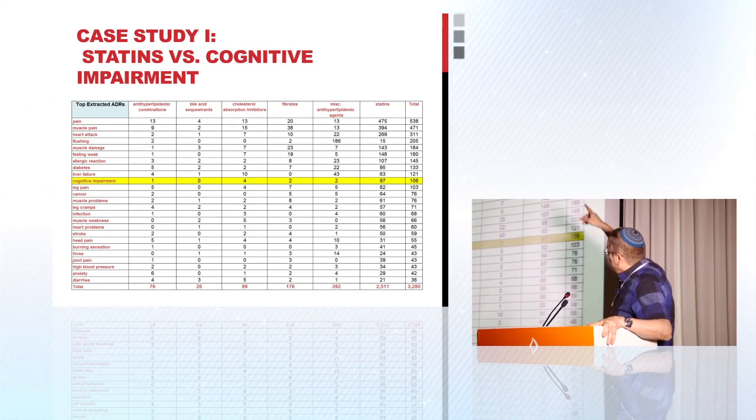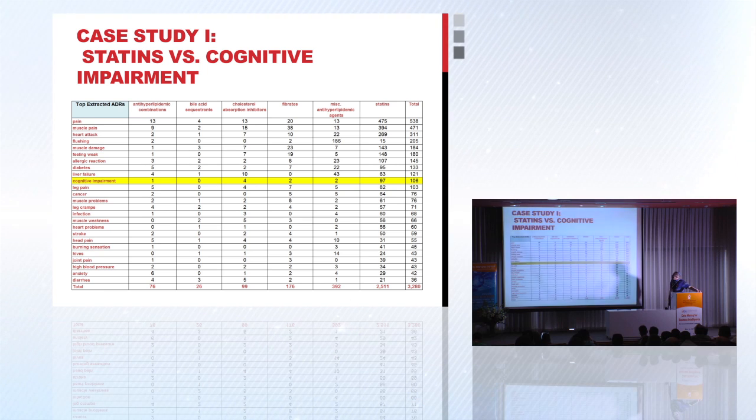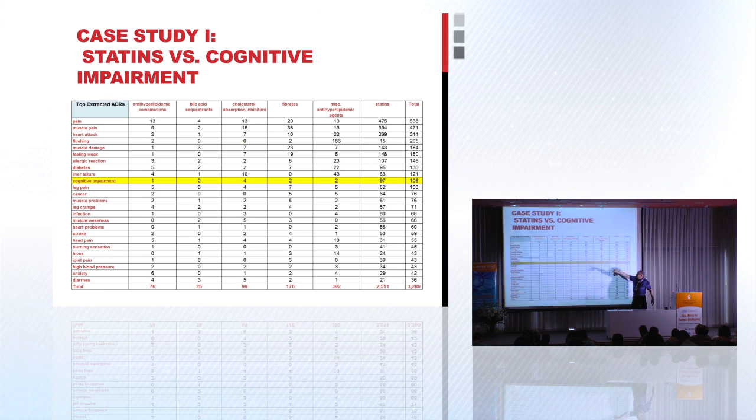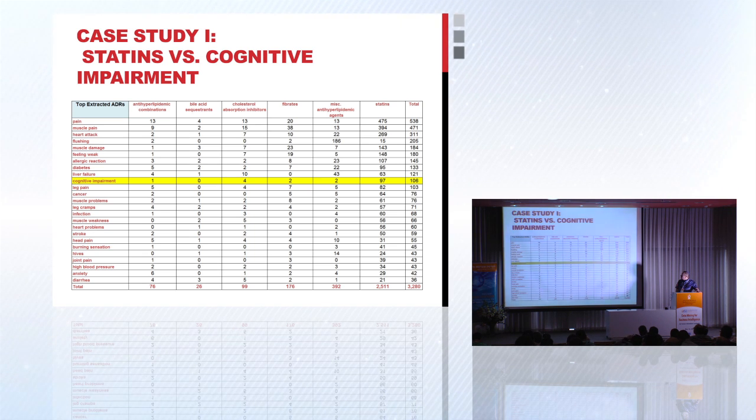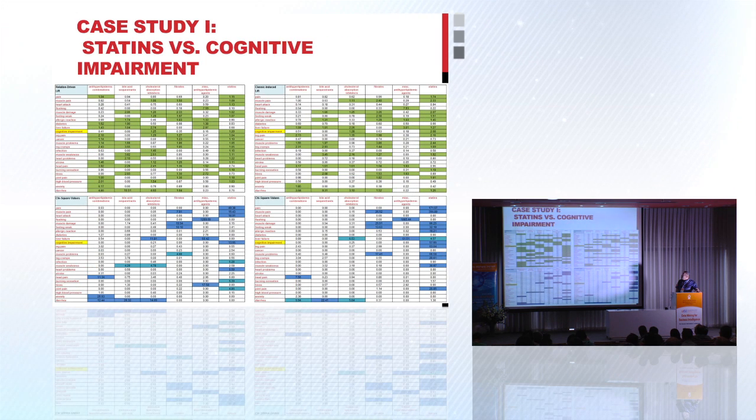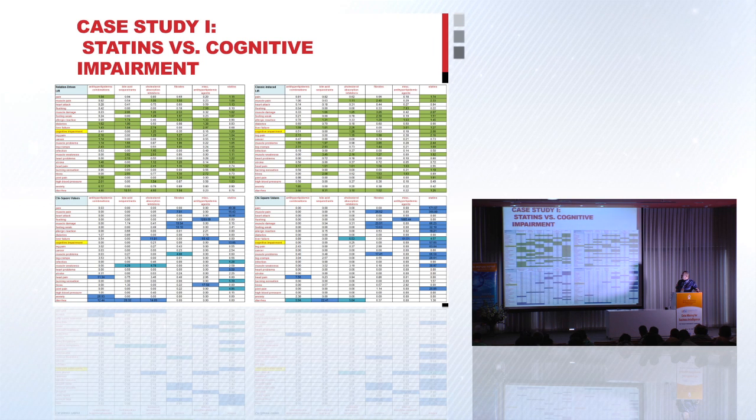So what you can see here is really the summary, and you can see that the cognitive impairment in statins definitely, compared to all the other types, was much, much higher, 97, you can see, compared to 1, 4, 2. So definitely much more evident, the connection between the statins and the cognitive impairment. This is actually all the analysis of all the statistical chi-square and stuff like that.